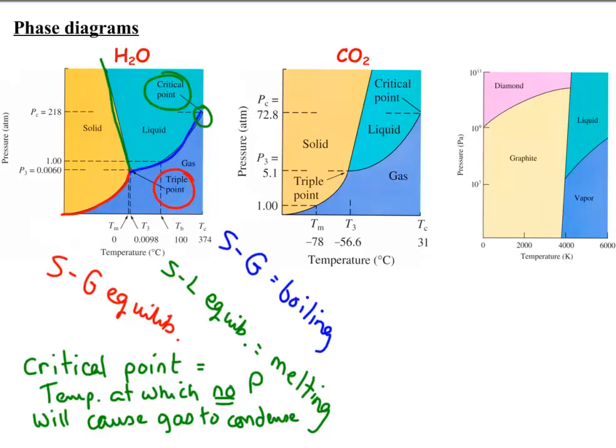The kinetic energy of the gas is just too high, and no amount of pressure is going to make those particles get close enough so that their attractive forces can hold the particles together for any significant length of time to make it become a liquid.